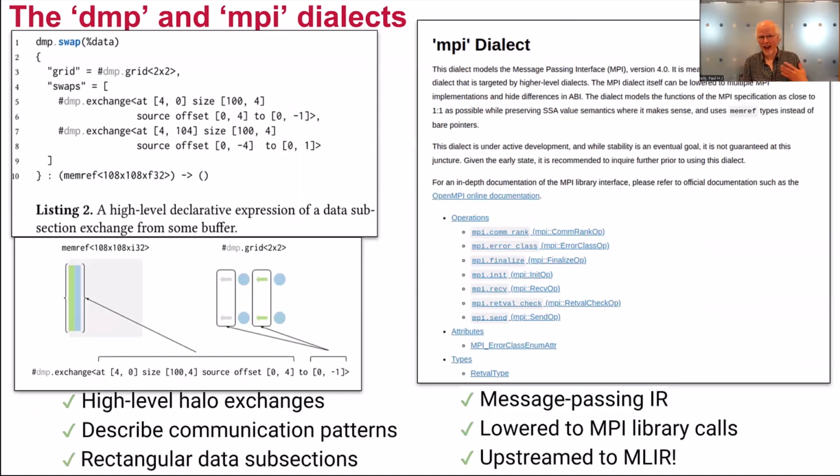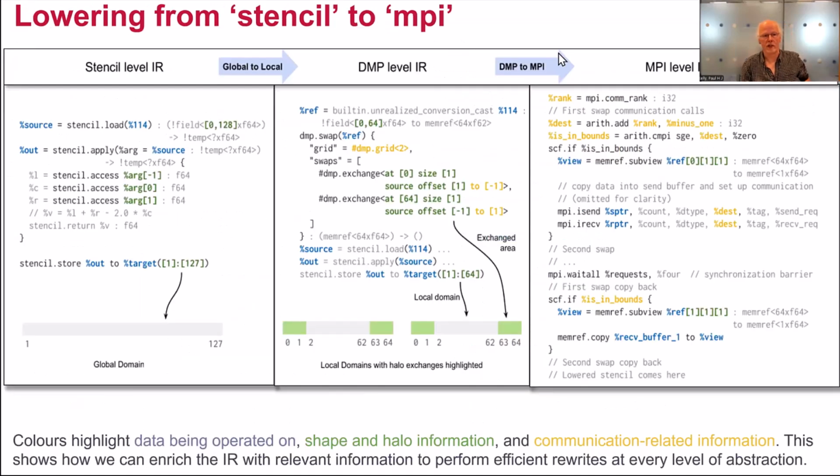So what we then have are two further MLIR XDSL dialects. One is distributed memory parallelism, where we derive the bulk communications that need to take place. We derive that from the dependence that we know the stencil has. And then we have a dialect for MPI, where we lower that fundamental communication requirement of the problem into an elaborated implementation. So on the left, we have the stencil DSL.